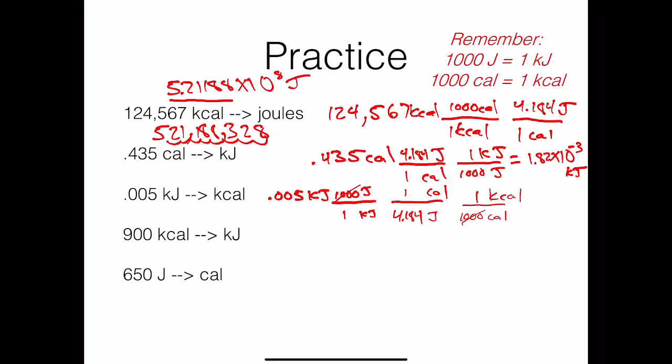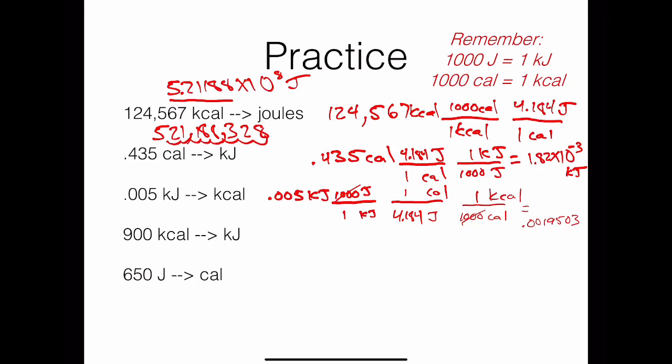So really what we're able to do is convert directly from kilojoules to kilocalories because they have the same relationship as joules and calories. So in this problem, we're taking 0.005 and we're dividing that by 4.184, and this gives us 0.001953.